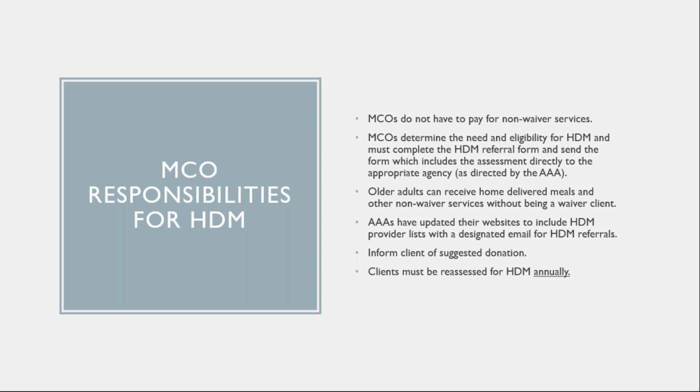So you would fill out a referral form or contact the AAA. You would need to work with the AAA, because they still need to capture the information, and those would be the only cases where someone under 60 would be eligible for home delivered meals through our program.